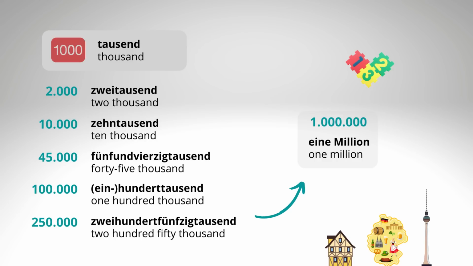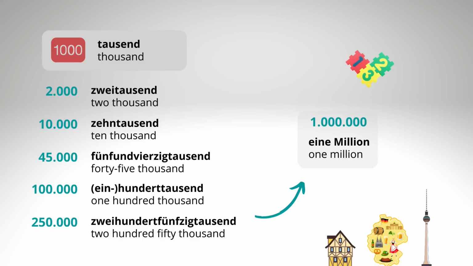So 100,000 would be einhunderttausend. And in the case of 250,000, we do the same thing. We start with 250, in German zweihundertfünfzig, and then we add tausend. So the whole number would be zweihundertfünfzigtausend.